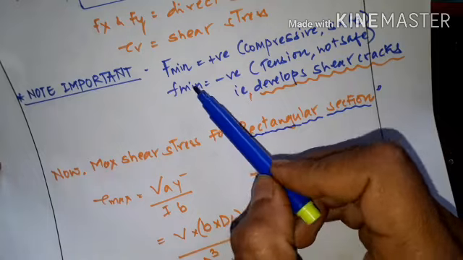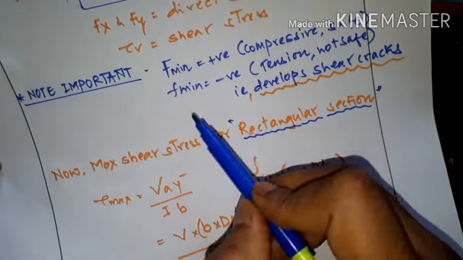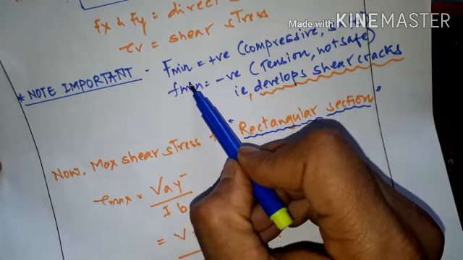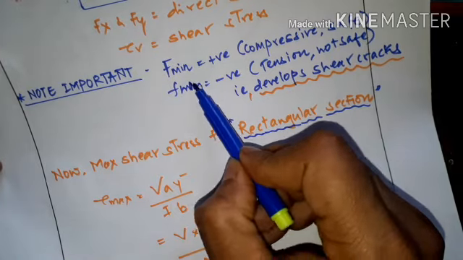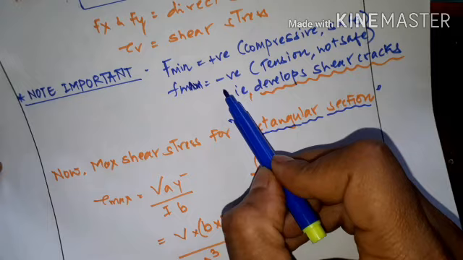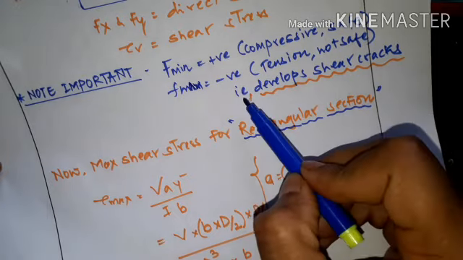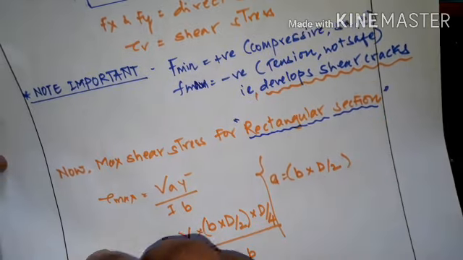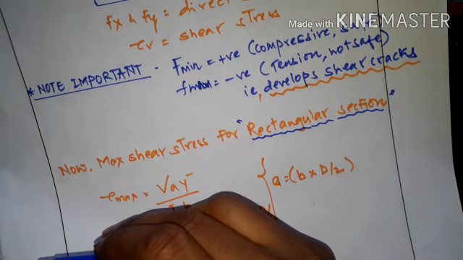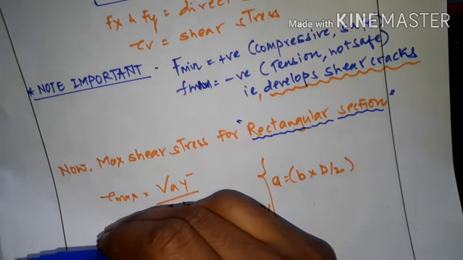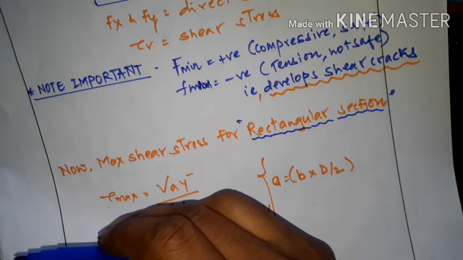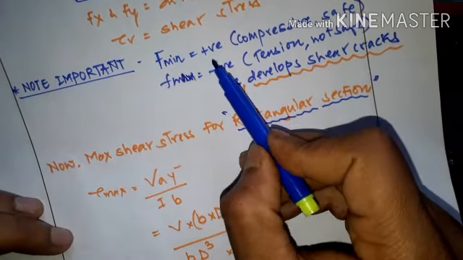But F maximum is negative, which is tension, not safe because it develops shear cracks. In problems they will ask you to compute the maximum and minimum stresses or the magnitude of tensile stresses, so at that time you have to understand what is positive.